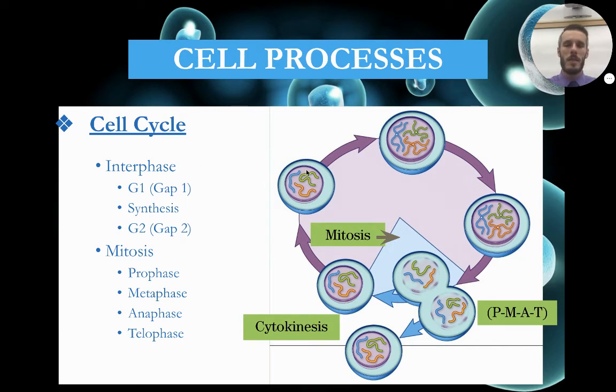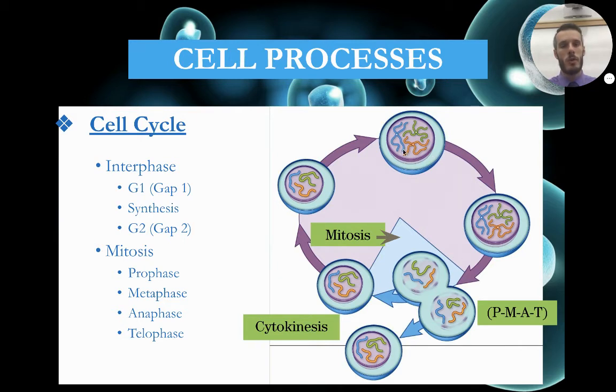So we have interphase up here, which is the majority of the cell's life cycle, the time spent in it. So here we have gap one, which is when the cell is growing, building more macromolecules, building more organelles. And then we get to synthesis, which is where DNA replication will happen, which is needed whenever the cell is about to go into mitosis.